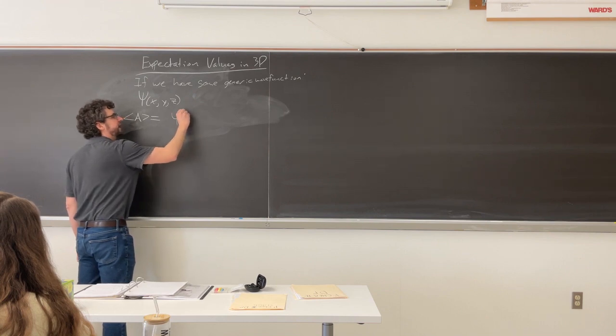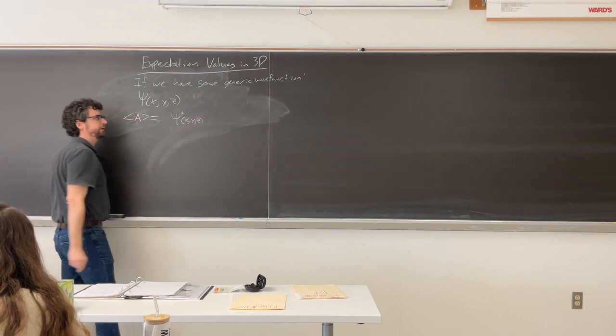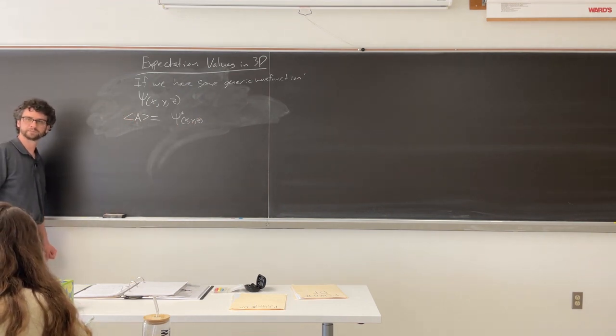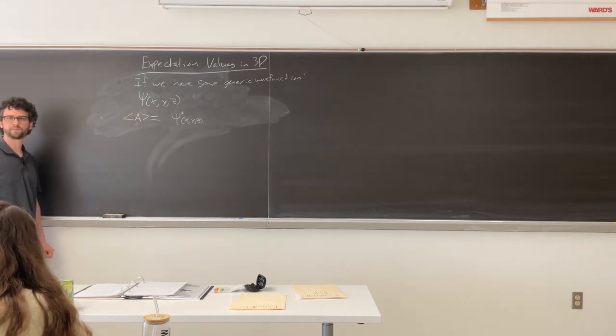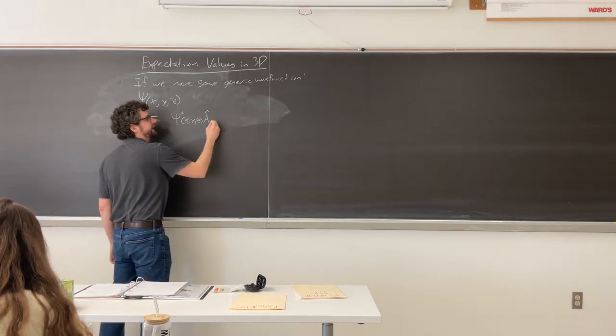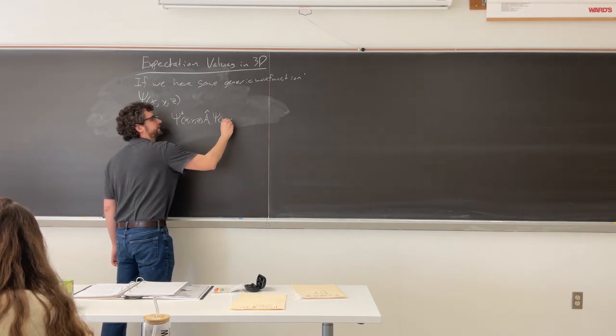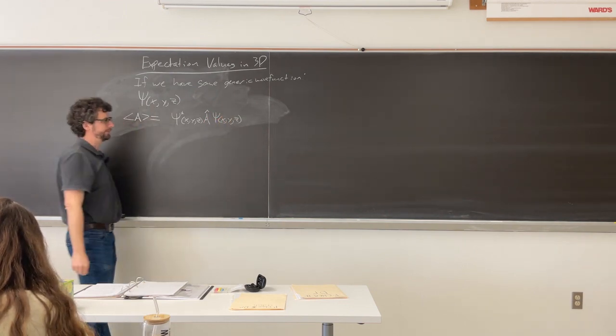Yep, so we need the complex conjugate of this wave function. What do we need wedged in between? Yeah, a hat, some operator. And then what do we need on the other side? Yep, just our regular old wave function. Okay, what things am I missing?